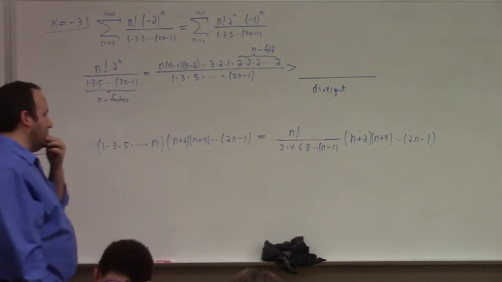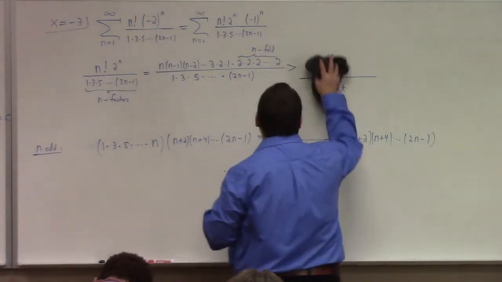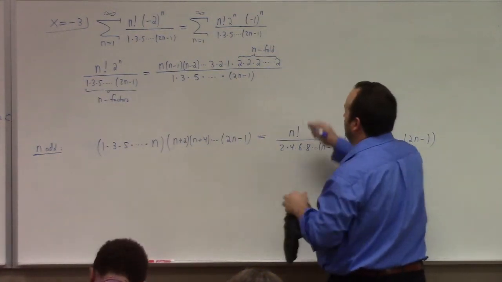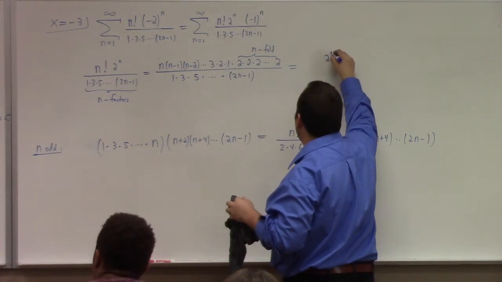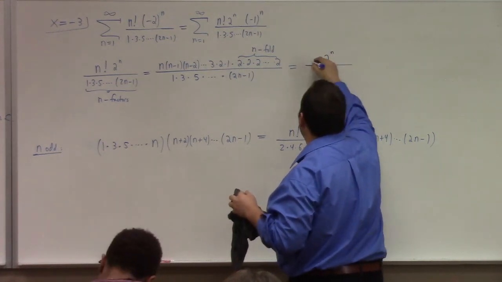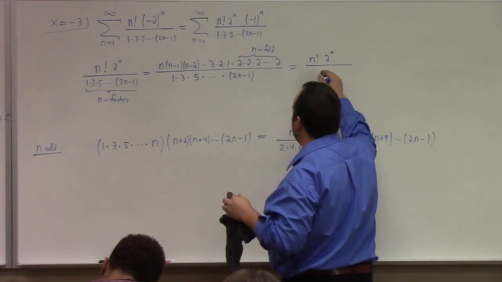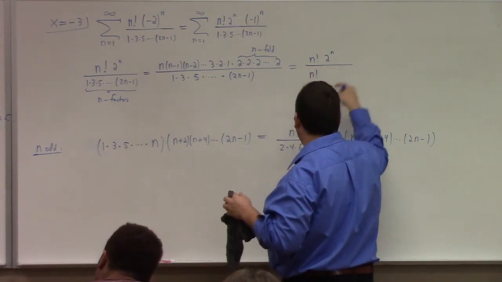Let me just try that. What's that give me? So I've got basically 2 to the n, and there's an n factorial divided by n factorial times this stuff.